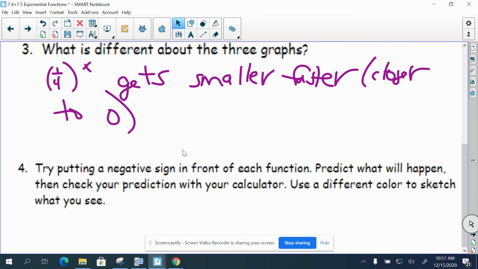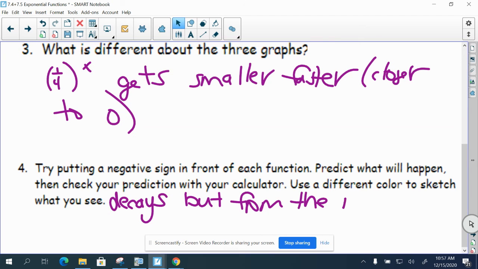And then if you put a negative sign in front, it would be the same thing, but going in the negative direction. Also, this is exponential decay, so it decays, because it goes to 0, but from the negative direction.